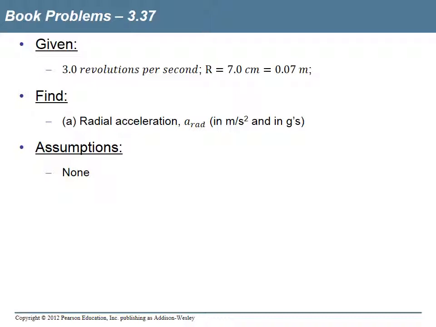Sometimes it's convenient to give our answers in terms of G's, because that helps us to relate our weight and forces, which we haven't gotten into yet, but get familiar with expressing acceleration in terms of G's. Assumptions, we're not really making any assumptions. We could have assumed that there was no air resistance, but they told us that it was a constant 3 revolutions per second.